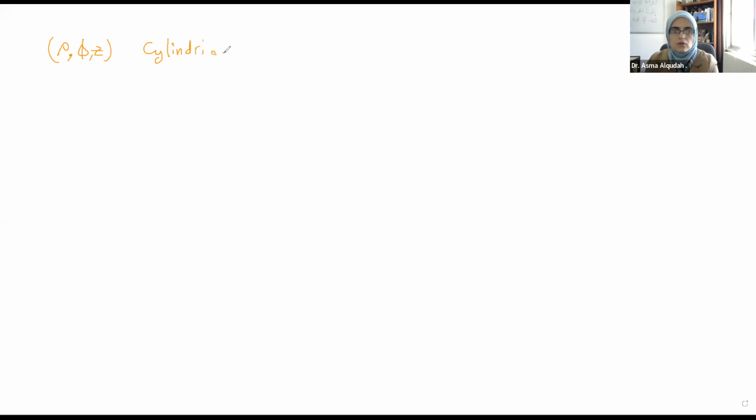And we said that how we define the rho and phi and z is as follows. So this is the Cartesian coordinates to start with. So x, y, and z. Okay, and now we will draw the cylindrical coordinates in a blue color. So we start with rho.